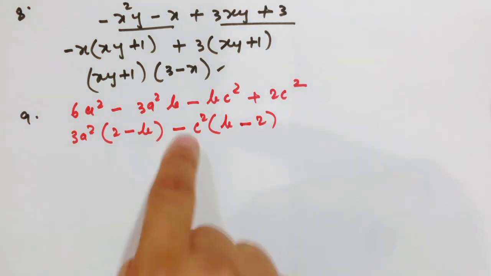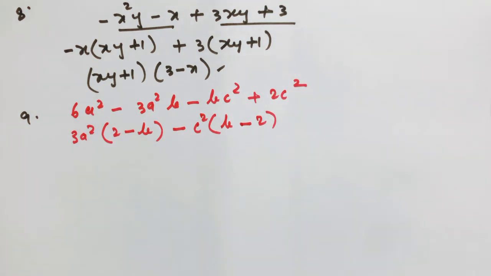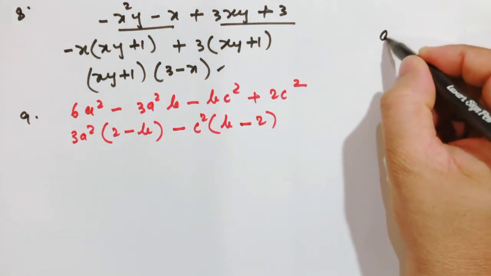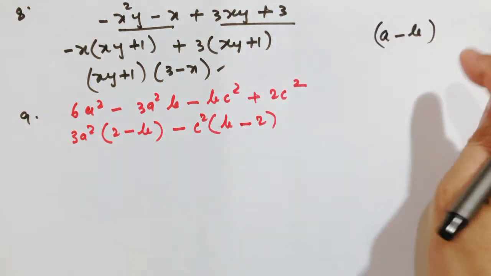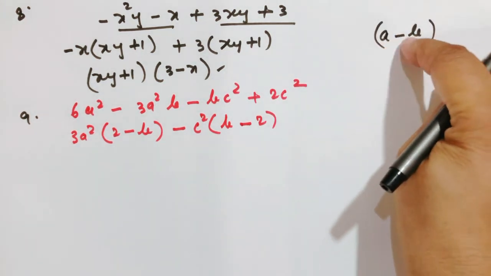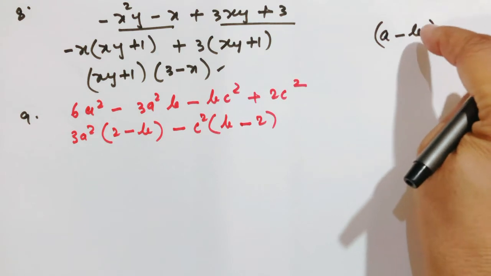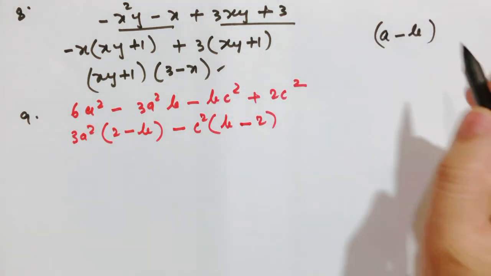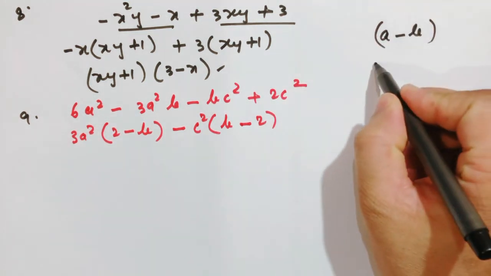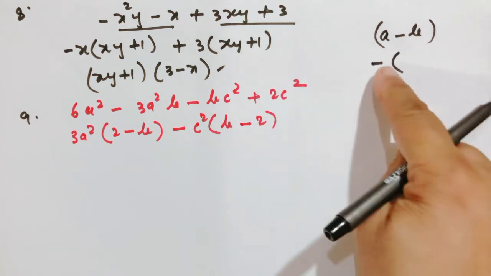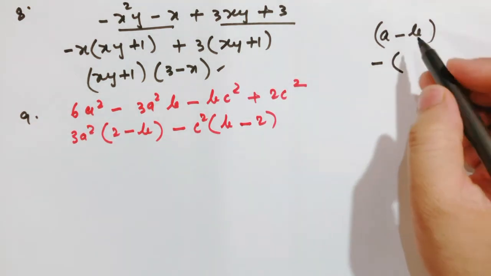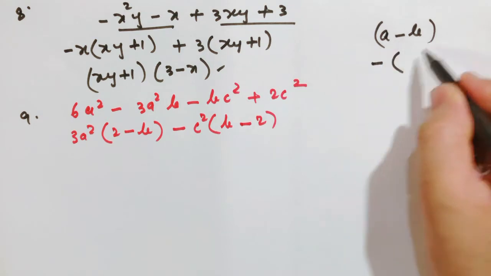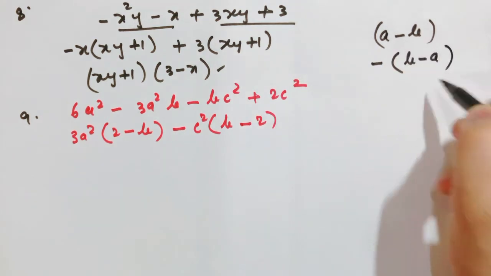Here you have 2 minus b and there you have b minus 2. So have a look. When you have a minus b over here, can you write this as b minus a? You can write. If you take a negative sign common, means outside, you will be getting b minus a.